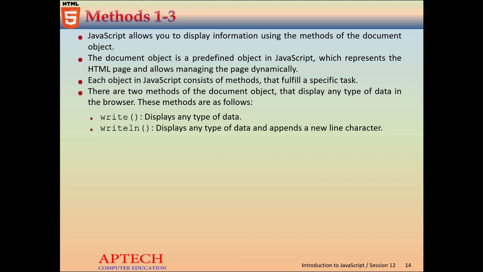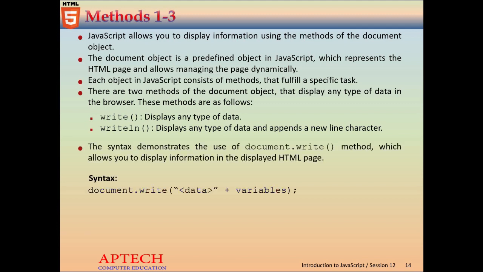Now, JavaScript has two methods to write data into the browser, that is write and write-ln. Write displays any data and write-ln displays any data and appends a new line, but we cannot see this effect now. So how can we write a message or data into the page?